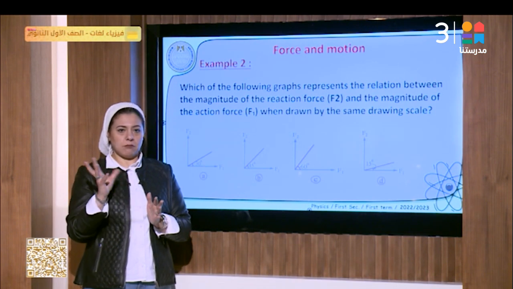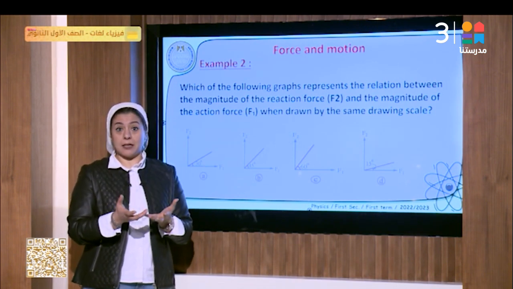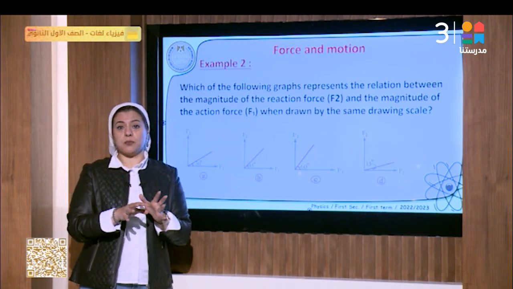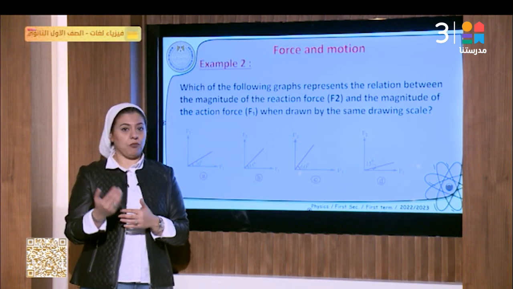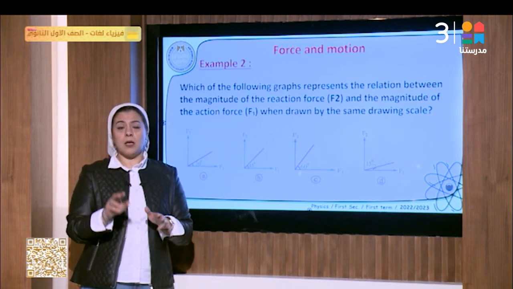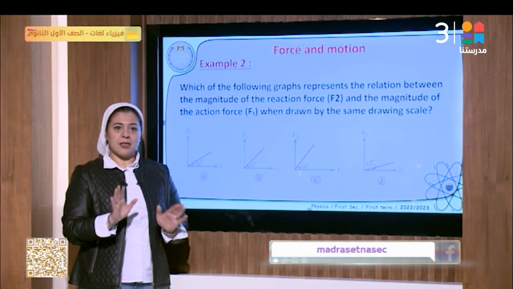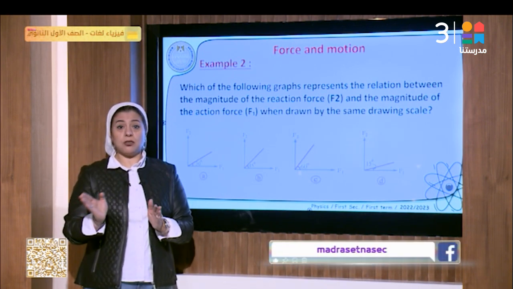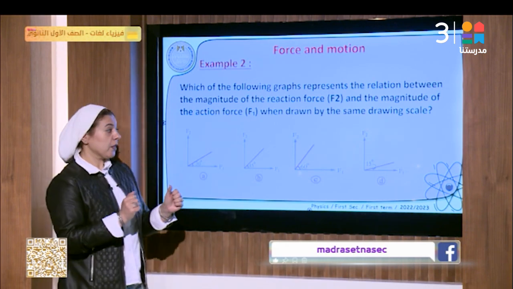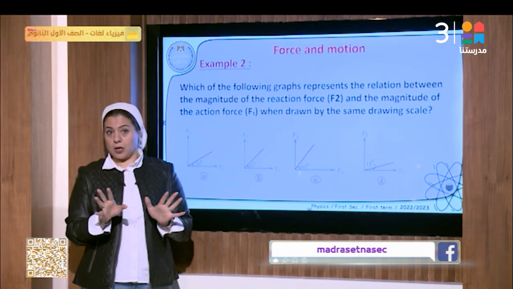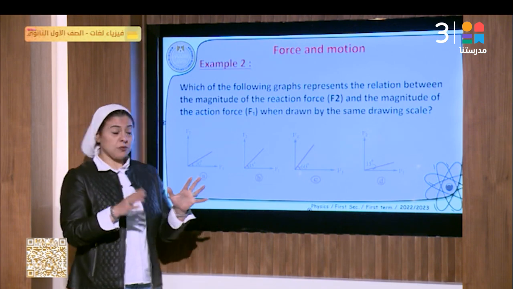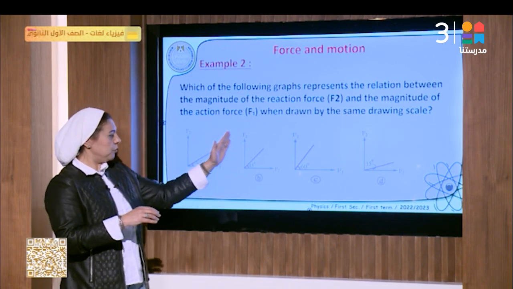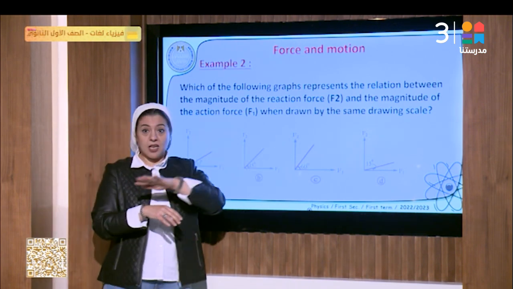F1 equal means they have the same magnitude, which means the ratio F2 over F1 or F1 over F2 is always 1. And we agreed that the negative is just an indication of direction, which means the two forces are in opposite directions. This means the two forces are equal. Okay, which means F1 over F2 and F2 over F1 always equal 1.